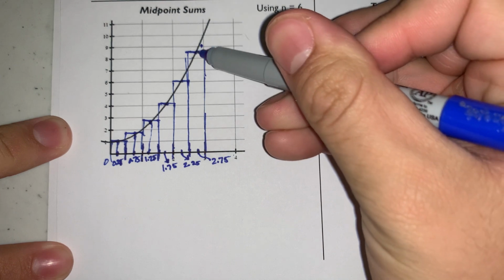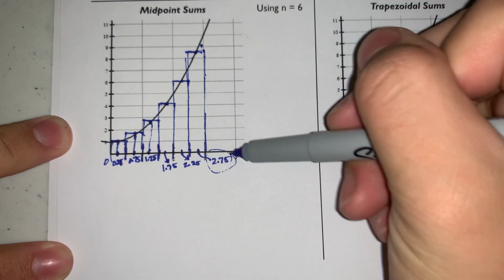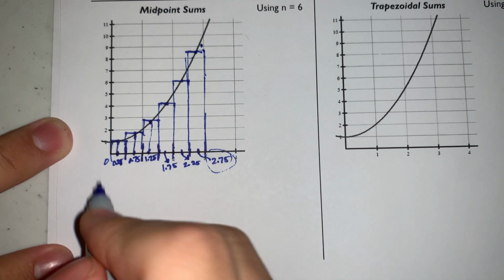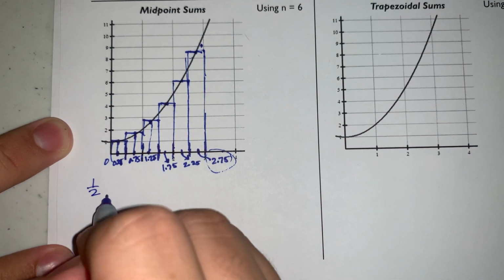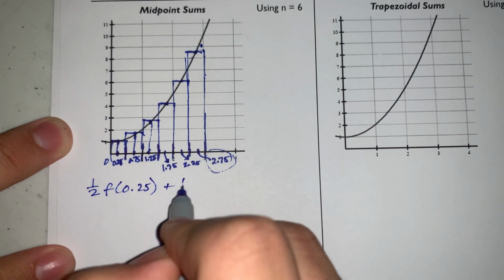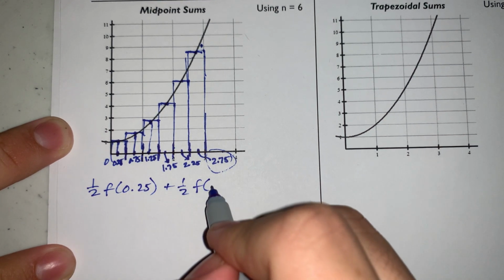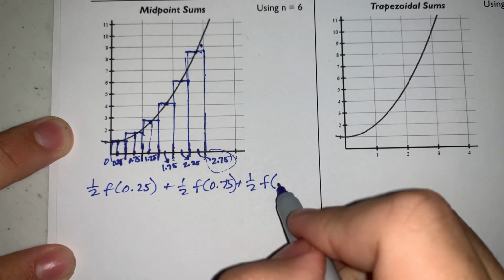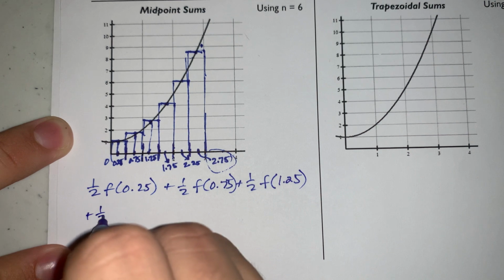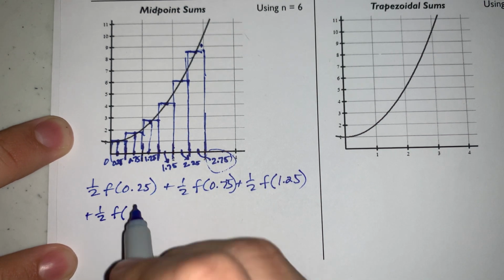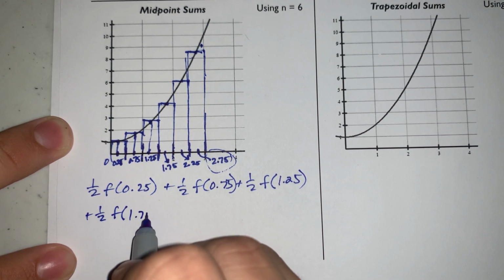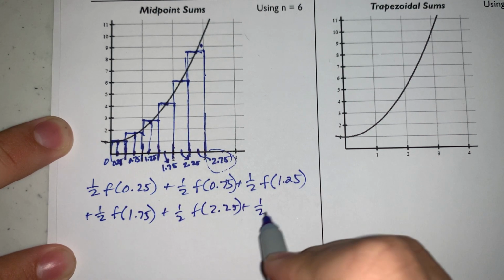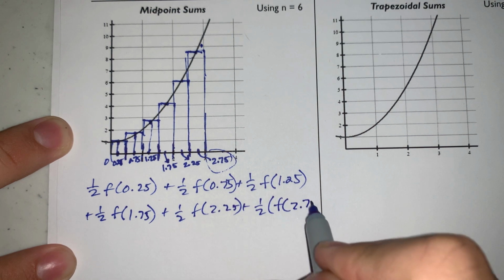The height of this rectangle is determined if you plug in 2.75 inside of your function. So those are going to be the 6 rectangles here. So it's 1/2 f of 0.25 plus 1/2 f of 0.75 plus 1/2 times f of 1.25 plus 1/2 f of 1.75 plus 1/2 f of 2.25 plus 1/2 of f of 2.75.